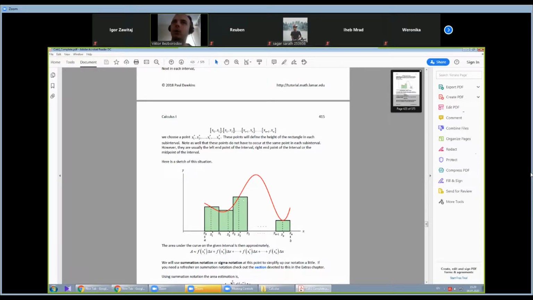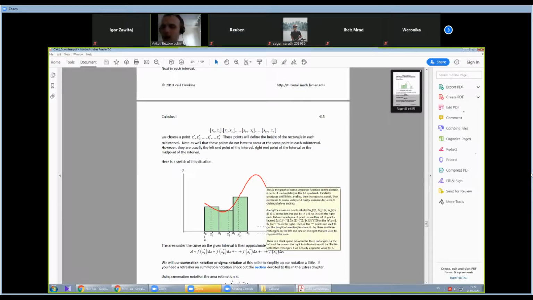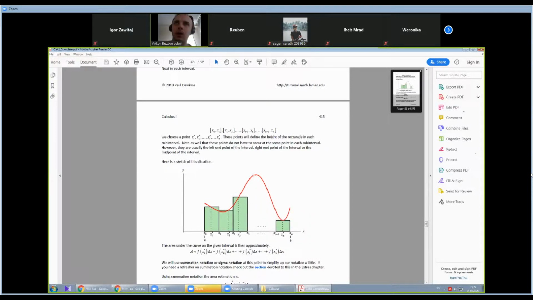And you can imagine that those rectangles approximate the figure under the plot closer and closer, and therefore their area is going to converge. And you see that the integral gives you an opportunity to compute the area.